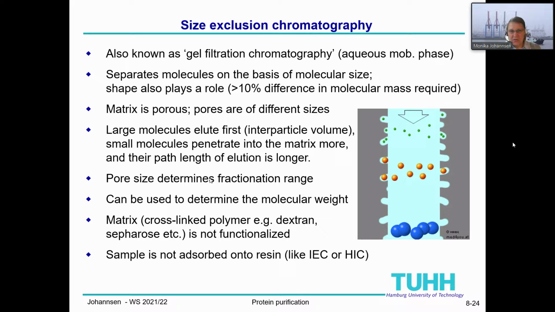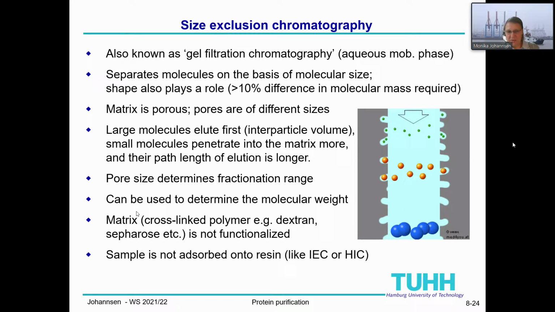In general, the large molecules will elute first because they can't enter any of the pores. The small molecules will penetrate into the different pores, and the smaller they are, the more pores they can penetrate, which means their path length will be longer, and so the elution time is longer.